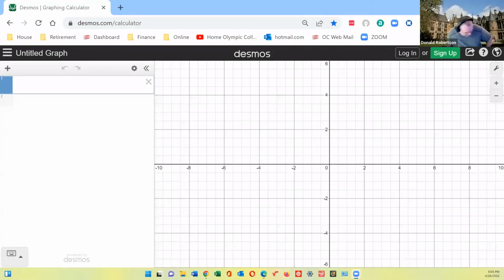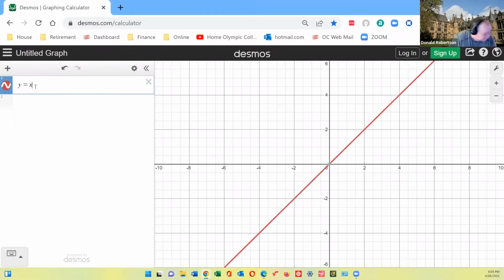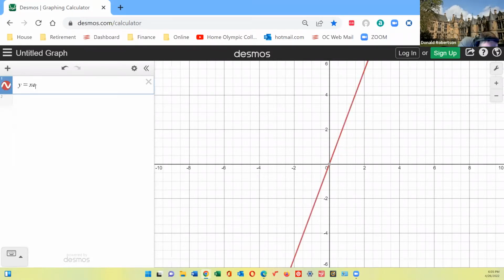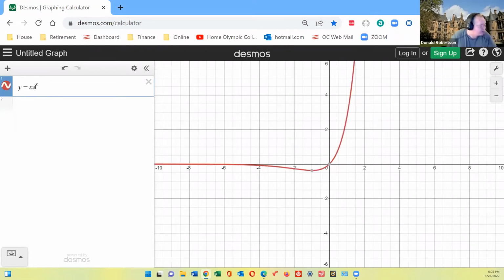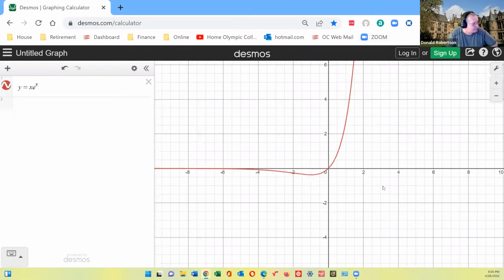Any questions in the chat? No. Okay. So I am going to look at the original function, and we'll put that in. The original function is y equals x e to the x. I should be able to just do e to the power of x. Great. Interesting shape.